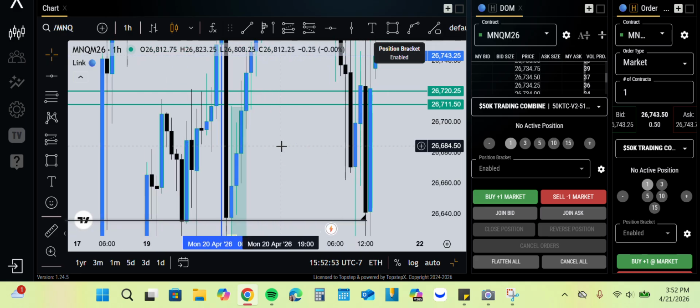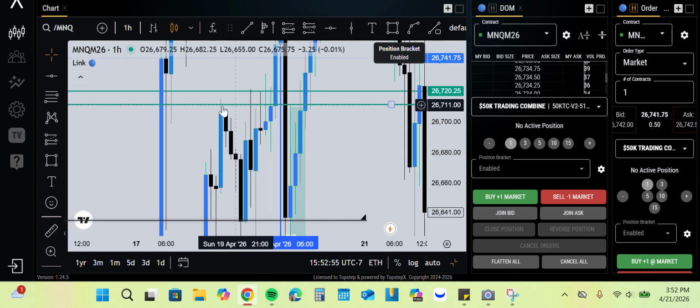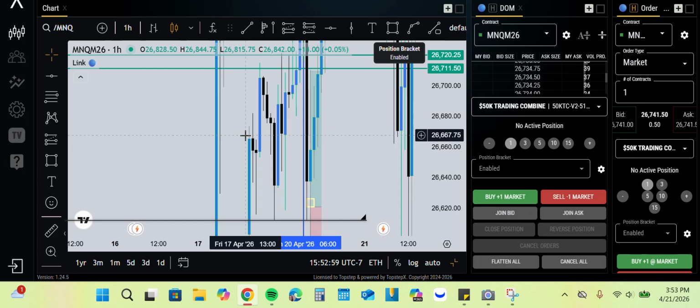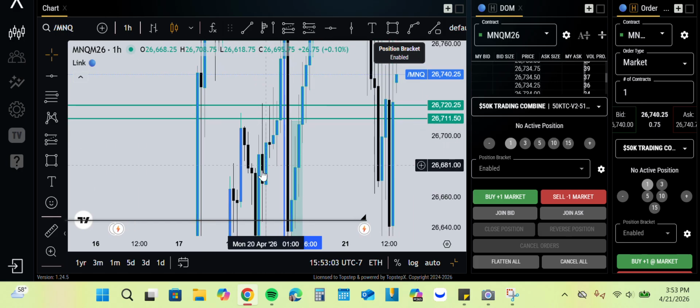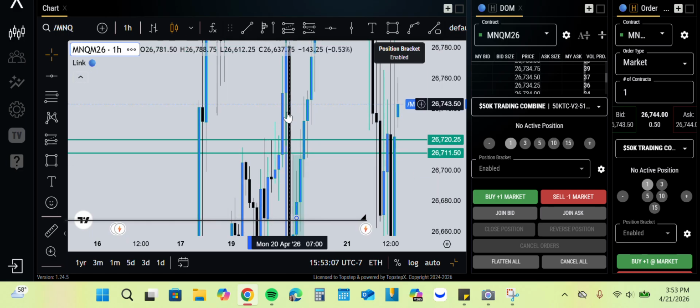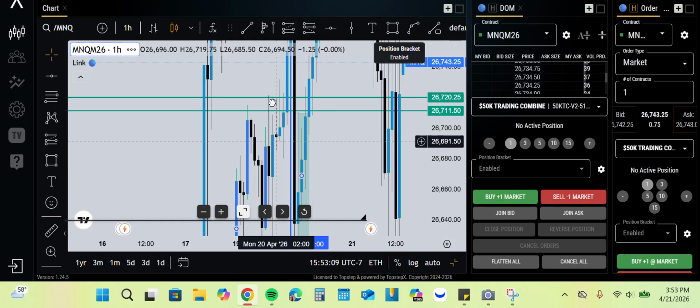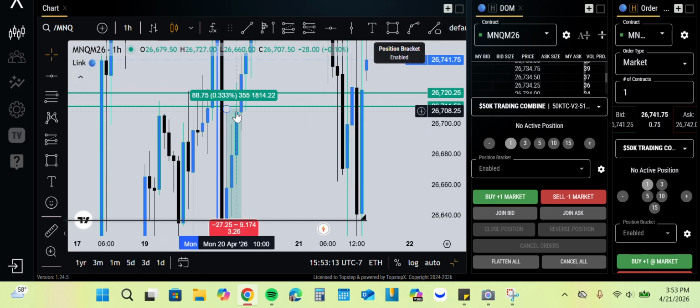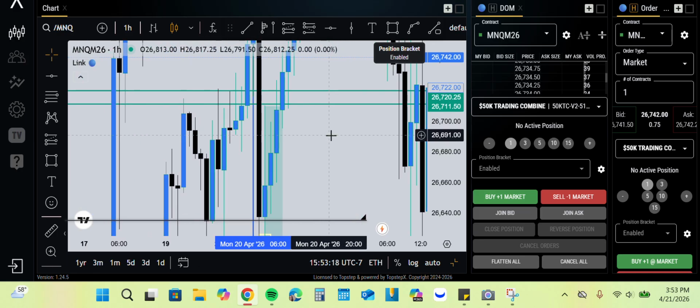So on the 1 hour, we had a lot of liquidity here. The market would go up to this point, sell, go up to this point, have a sell off. It passed this point. Once it got below this point, it had a strong sell off, right? So this was definitely a draw on liquidity for me. And that's where I would see a potential exit.